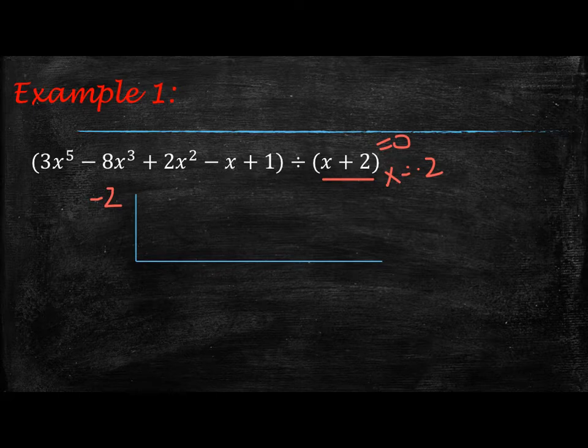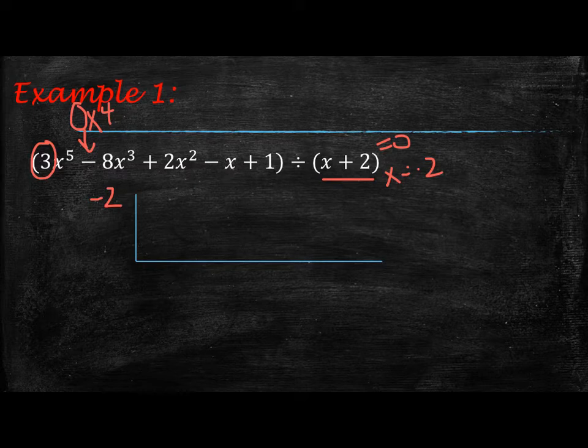Then you're going to take your coefficients and place them inside the division bar. So the coefficient of my first term is 3. Now notice here that I'm missing an x to the 4th. And so this is what I mean by placeholding with a 0.